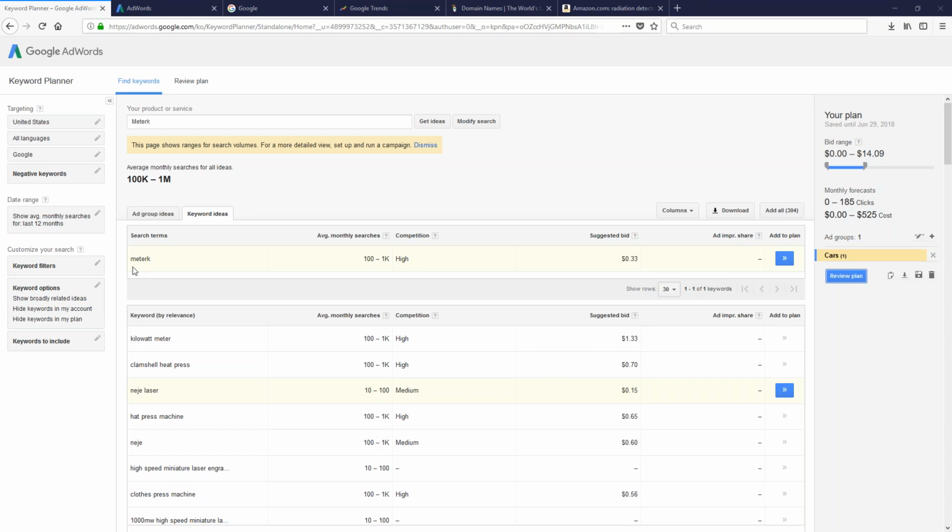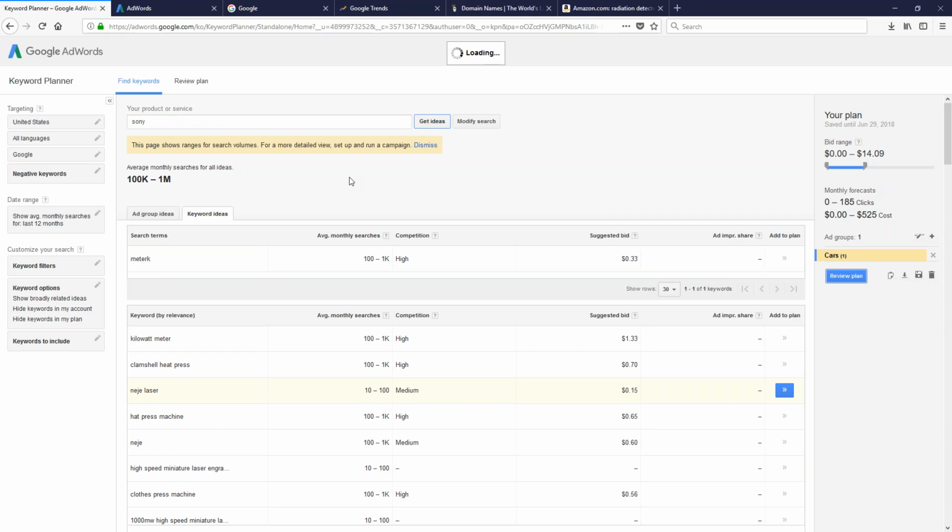So since this particular brand here does not have a lot of traffic for the brand itself, this isn't going to be a company like Sony, for example.